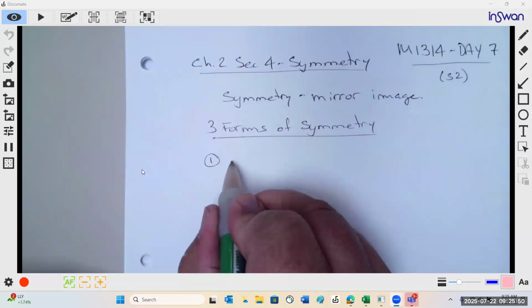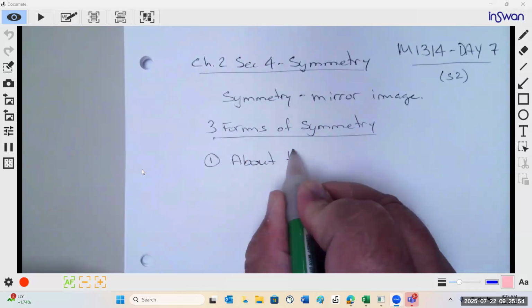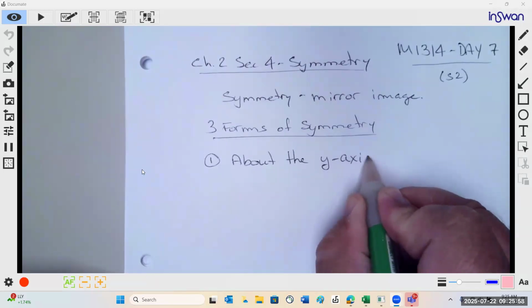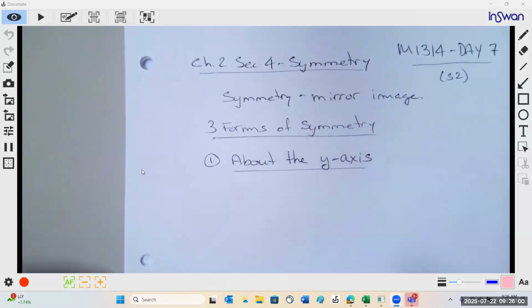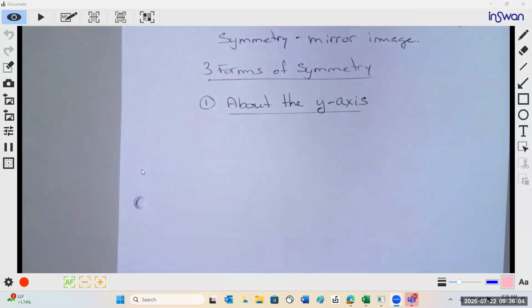The first one is about the y-axis. We use the word about. That means that's what it reflects across, the y-axis.